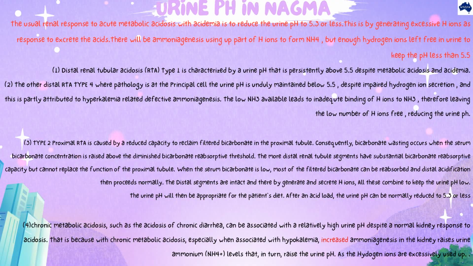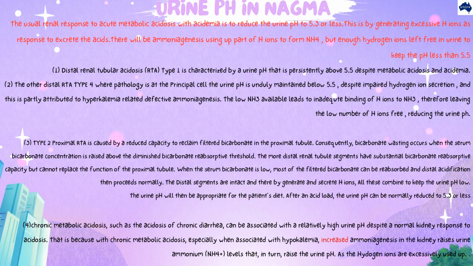Thus, the low ammonia available to bind with hydrogen ions leaves quite a significant number of hydrogen ions free to acidify the urine. So thus, even though you have a defect in principal cells secreting less hydrogen ion, you have a urine with a pH of less than 5.5.